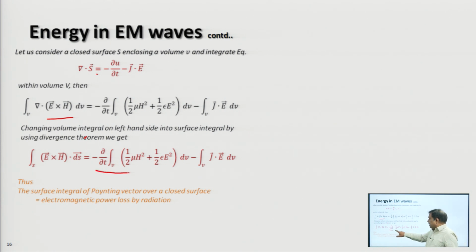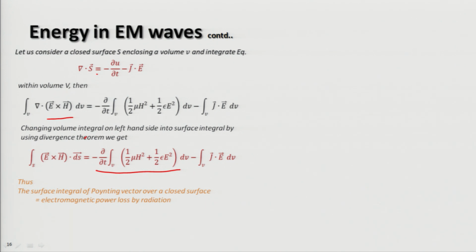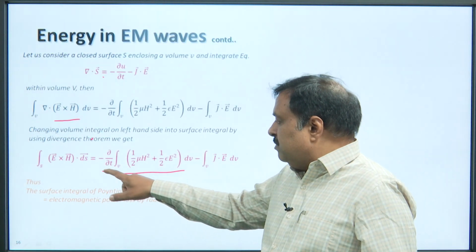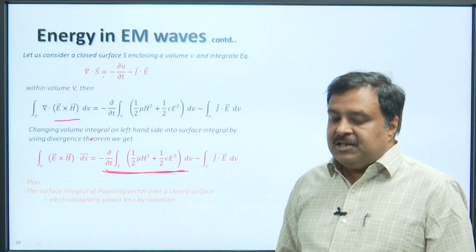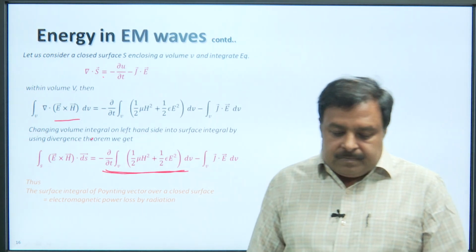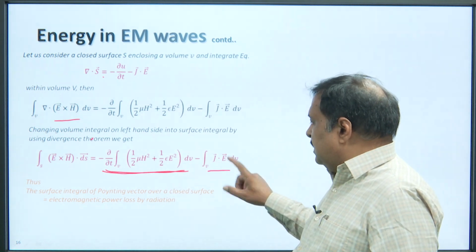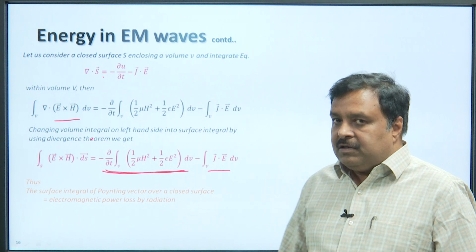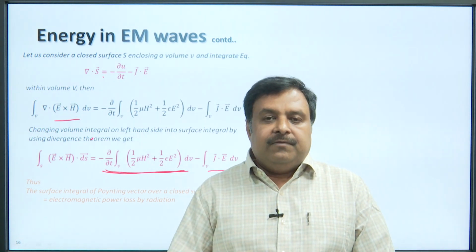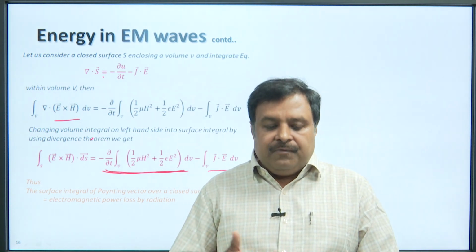This term is electromagnetic power loss because this sign is negative, and this is energy per unit time, not per unit volume because you have integrated over the volume. This term is energy per unit time, that is power. So, electromagnetic power, and this term is ohmic loss.